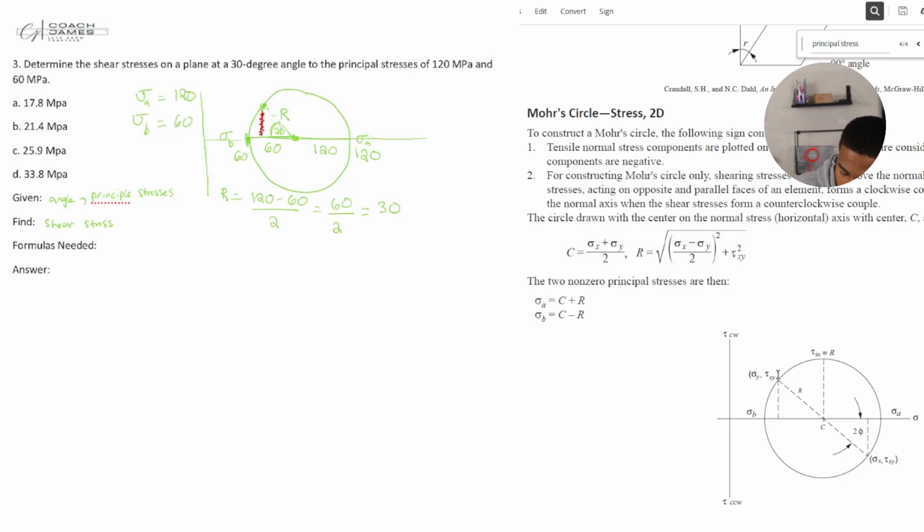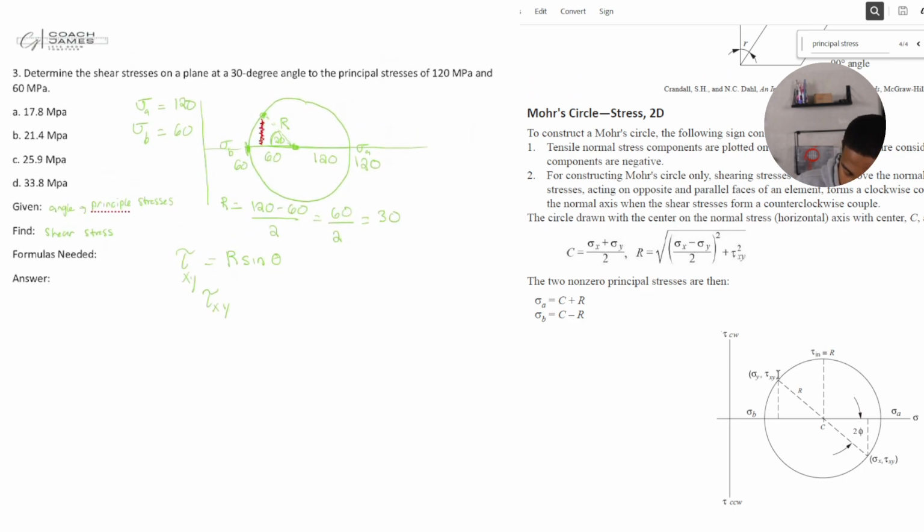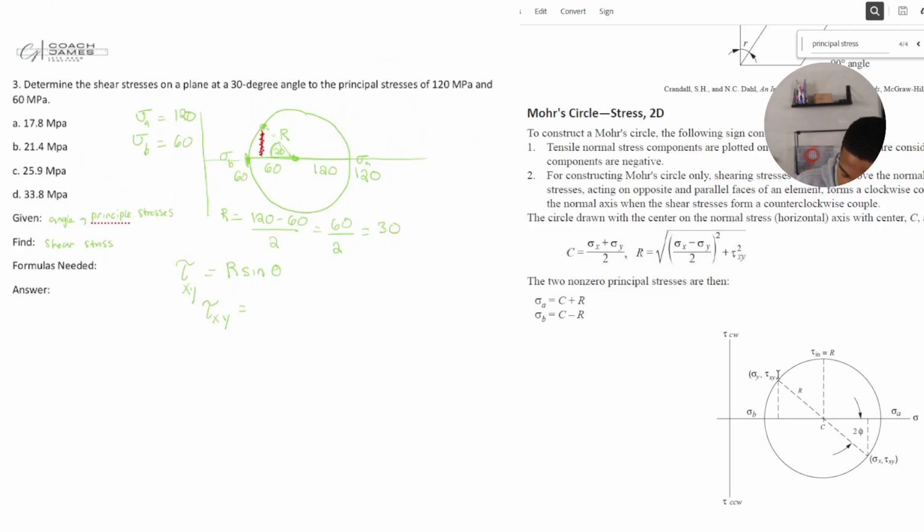All right. And so if I know that my R is 30, and if I'm looking for my opposite, right? So if I have R, it's going to be R sine of theta to get me the value of the Y component, which is going to be my TXY. All right. So TXY equals, what's my R? 30.